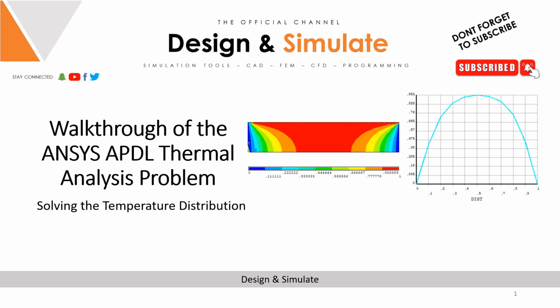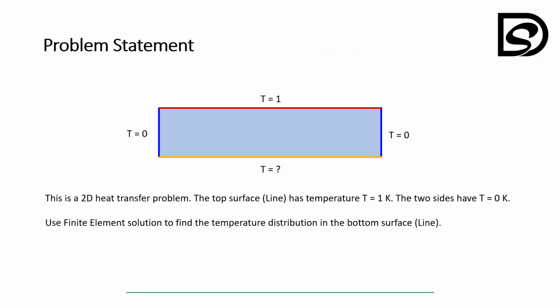We are keeping it very simple and easy to simulate and understand how it could be implemented in ANSYS, and in future we can build on some complex problems also.